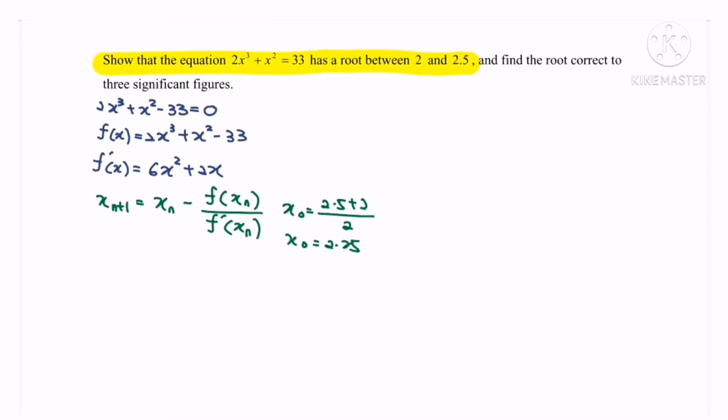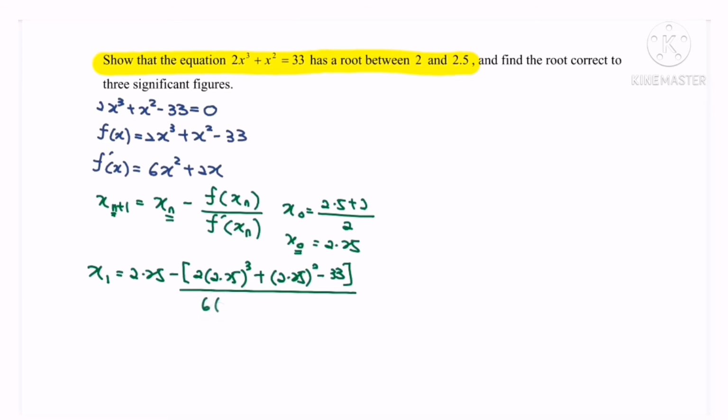Kindly substitute. When we substitute 0 as n, we have x1 equals 2.25 minus f, where the numerator is 2 multiplied with 2.25 cubed plus 2.25 squared minus 33, over f prime, where we have 6 multiplied with 2.25 squared plus 2 multiplied with 2.25.